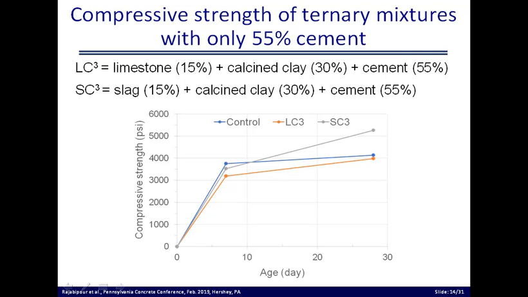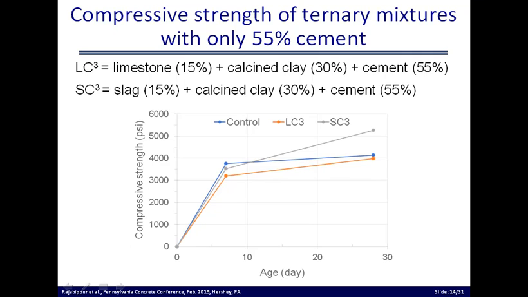One is called LC3, which is a limestone calcined clay cement mix. It has 15% limestone, 30% calcined clay, and 55% Portland cement. And the other one is SC3, or a slag calcined clay cement, which is 15% slag, 30% calcined clay, and 55% cement. And you can see both of these mixtures from a compressive strength standpoint.